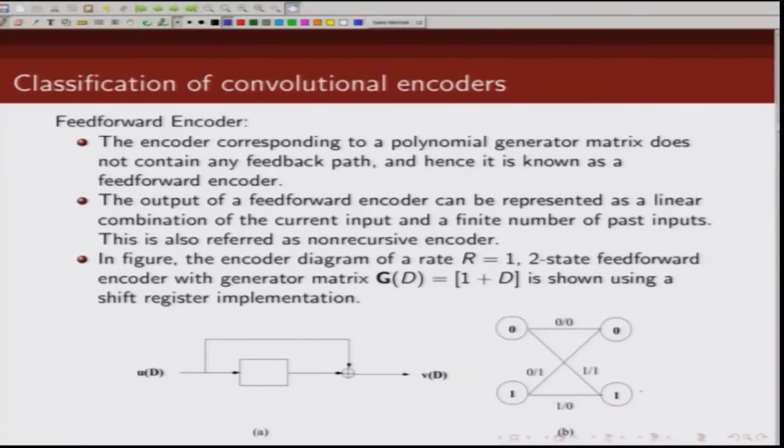And this is its corresponding state diagram for this feed forward encoder.